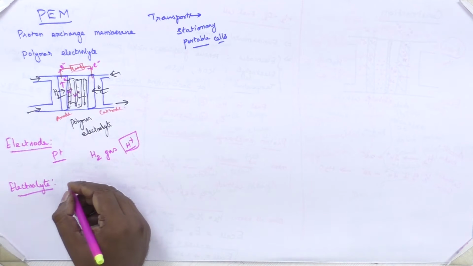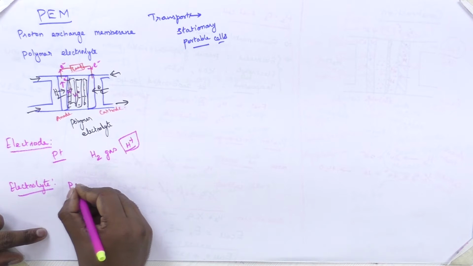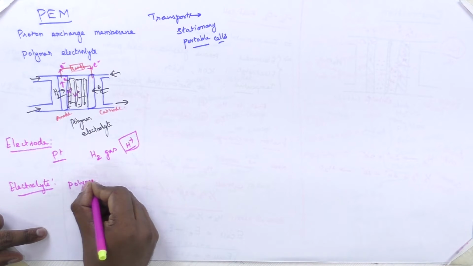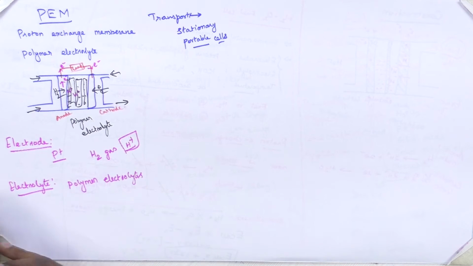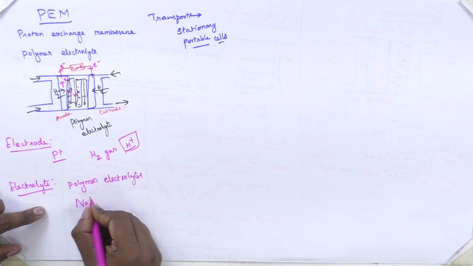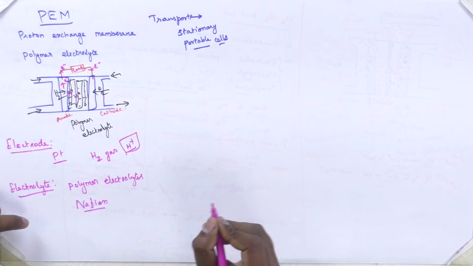In the case of polymer electrolytes, generally Nafion is the membrane used in polymer electrolyte fuel cells.